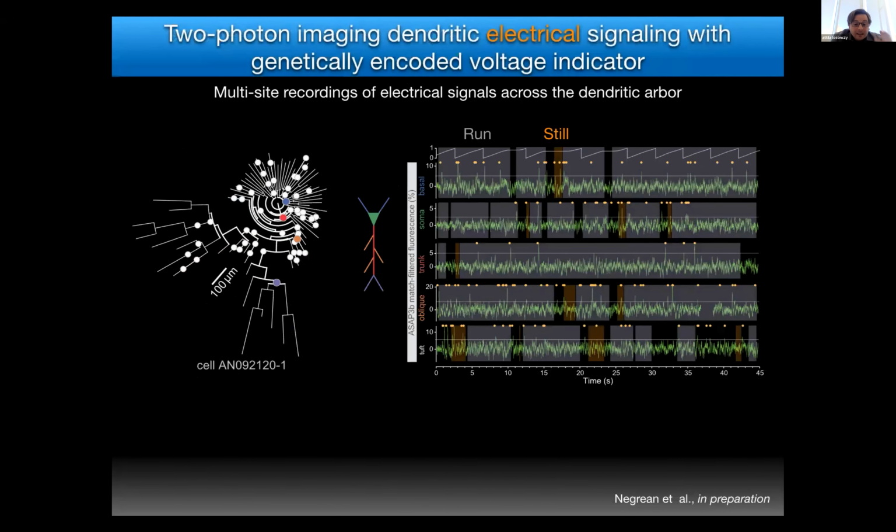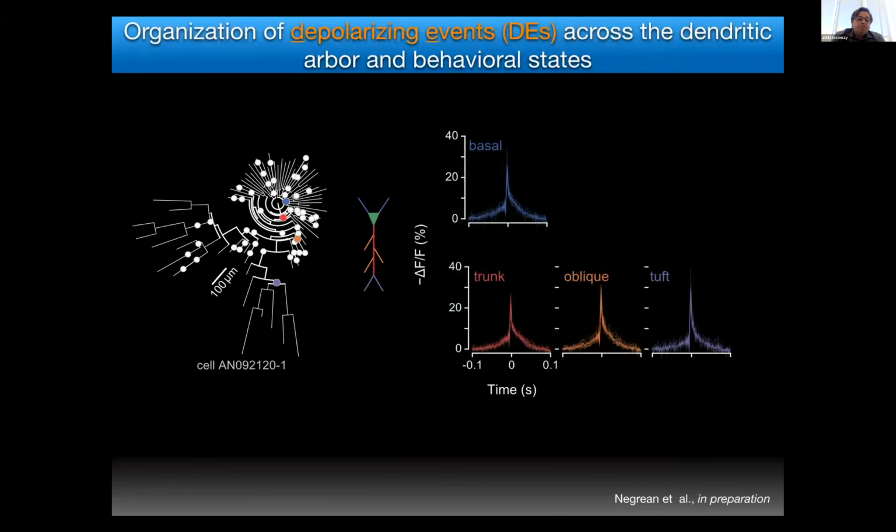So he carried out detailed reconstruction of all the cells to relate the position of the region of interest to the electrical signals. And he found that the average depolarizing event waveform was quite similar between recording locations. Three punchlines I'd like to give you with this fast voltage imaging.